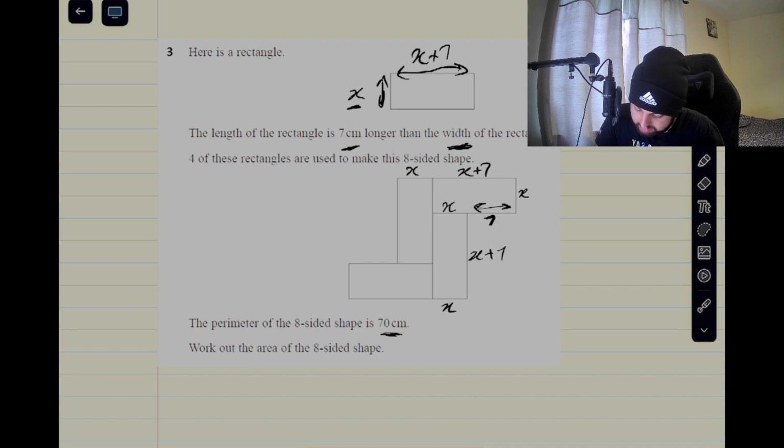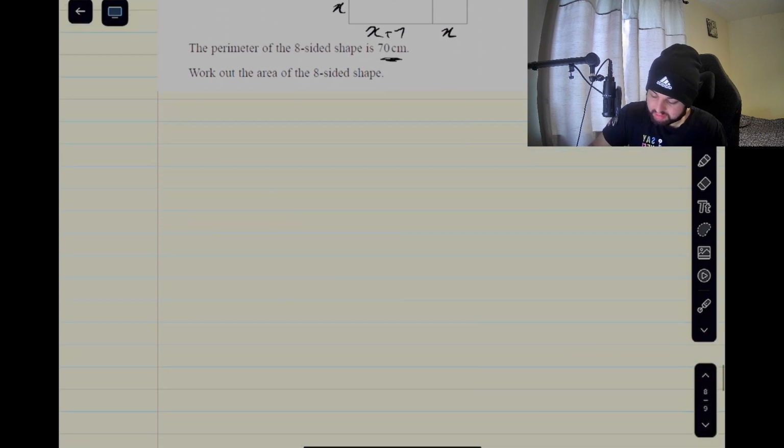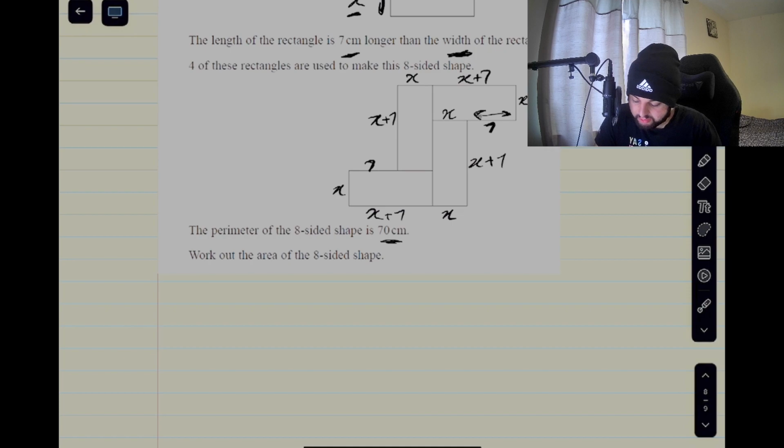This over here is x plus 7 again, because it's the same as this over here. So this is just gonna be 7. And this over here is gonna be x plus 7.